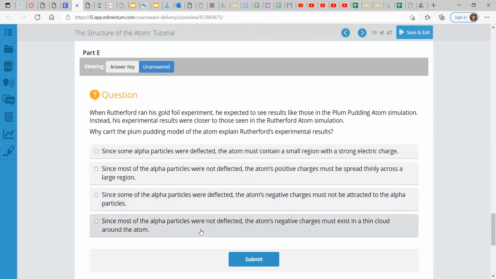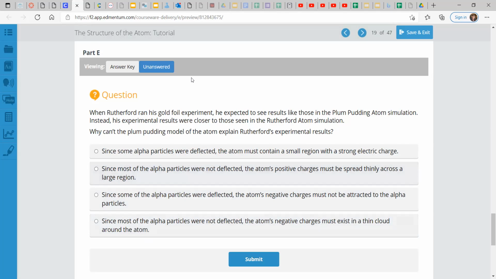When Rutherford ran his gold foil experiment, he expected to see results like those in the plum pudding atom. Instead, his experimental results were closer to those seen in the Rutherford atom simulation. Why can't the plum pudding model of the atom explain Rutherford's experimental results? Since some alpha particles were deflected, the atom must contain a small region with a strong electric charge.